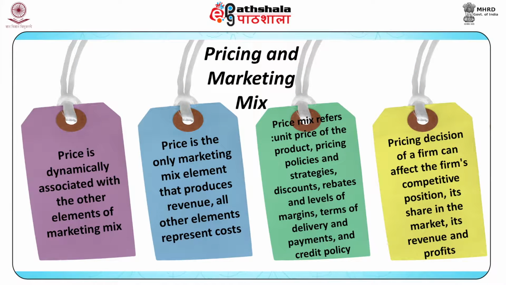Price is dynamically associated with the other elements of marketing mix. For example, pricing depends upon its features, branding, and packaging. A product can fetch a relatively high price if it entails high quality and is accompanied with increased services and spends more on its promotion and distribution.